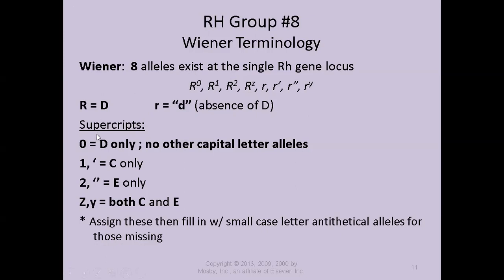All of these superscripts refer to a capital letter gene like big C or big E being present, so they mean only capital letter alleles. When we look at the first one, big R-naught, think zero. The only capital letter in the 3 alleles is the D.